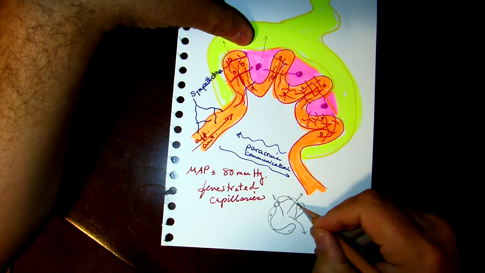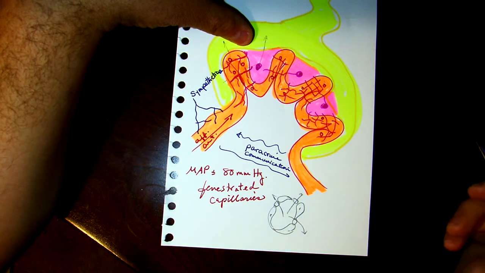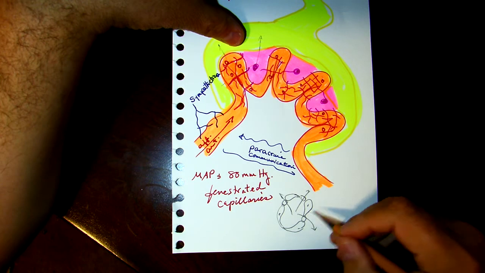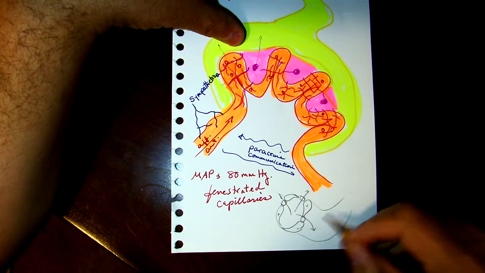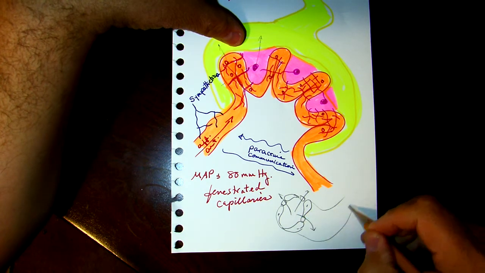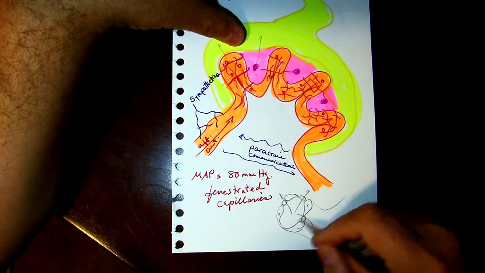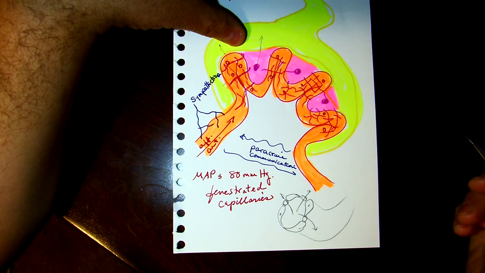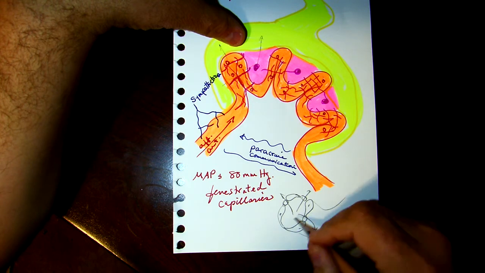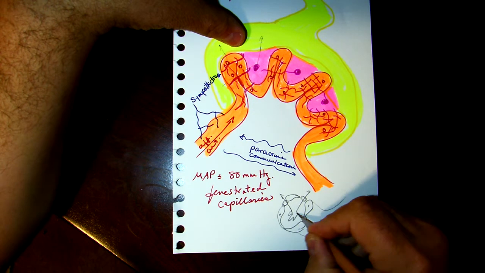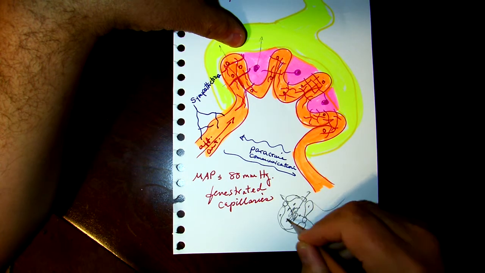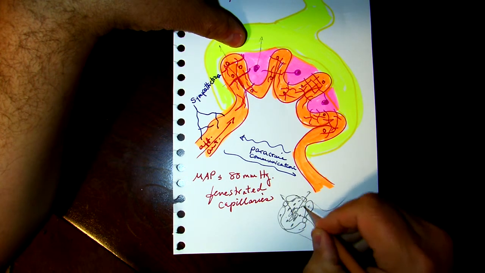These fenestrations right here would not be typically found in an ordinary capillary. But in this fenestrated capillary, we will, under high pressure, express a lot of volume of fluid and solutes out of there.